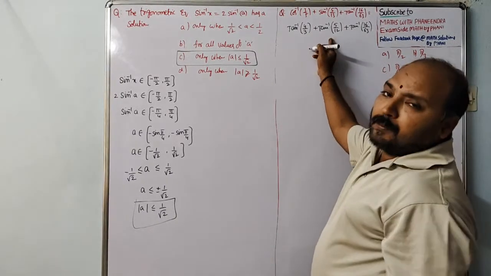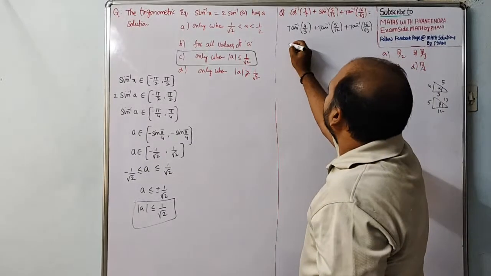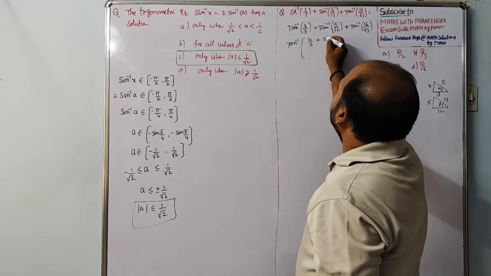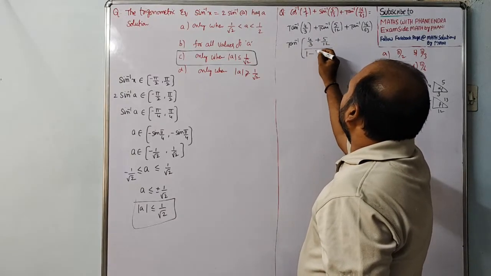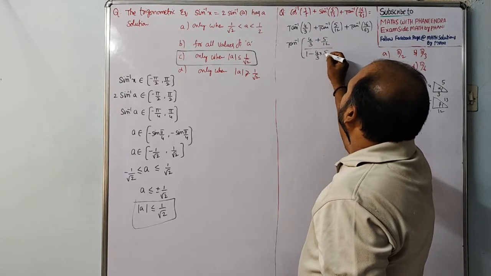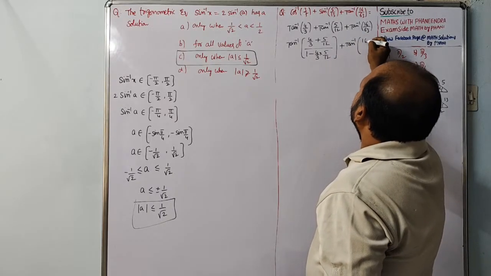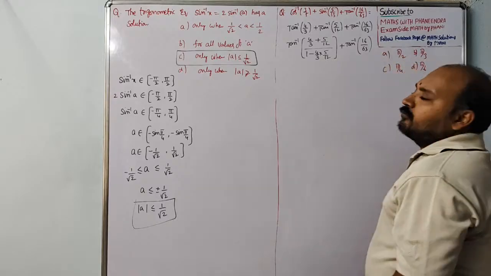For these two you can apply the tan inverse x plus tan inverse y formula. So tan inverse of 4 by 3 plus 5 by 12 divided by 1 minus 4 by 3 into 5 by 12, plus tan inverse of 16 by 63.